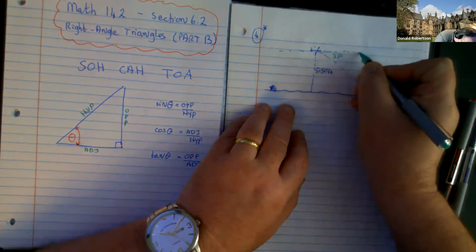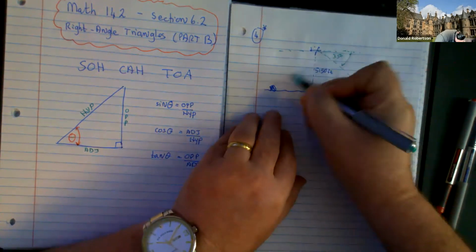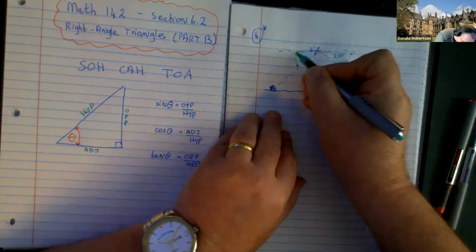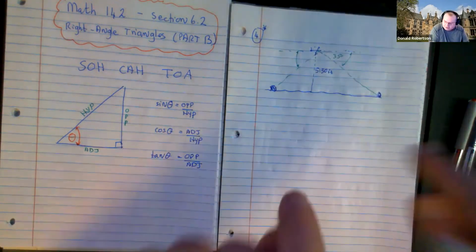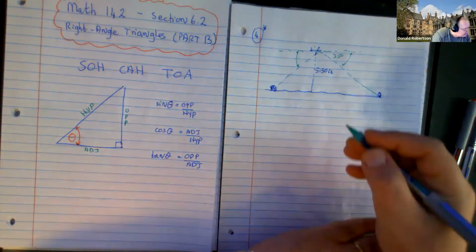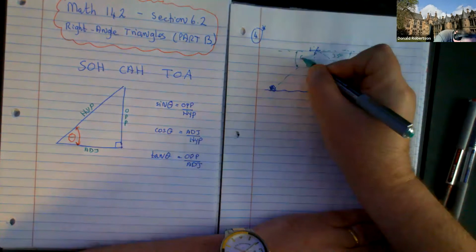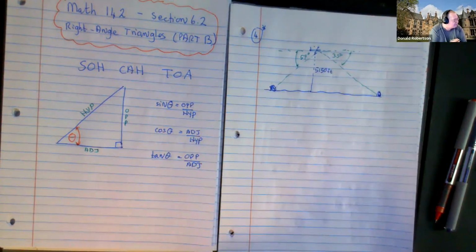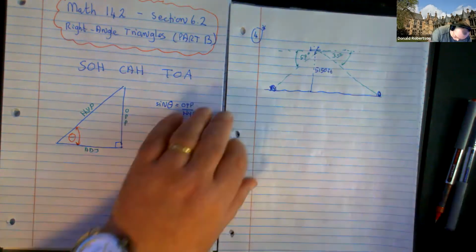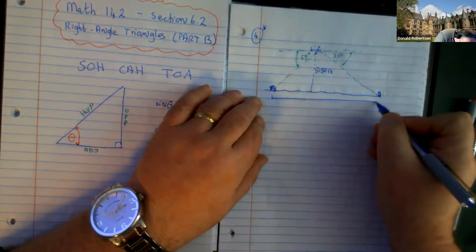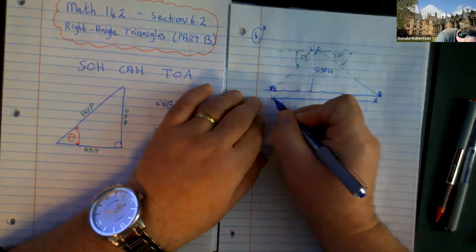And even if it's not to scale, it doesn't matter. And then if you go on this side, the angle of depression, right? You're looking down. So this is the aircraft looking down at the cars, right? Not the cars looking up at the aircraft. And the other one, this angle here, is 57 degrees. So that's that done. How far apart are the cars? So we are trying to find this distance here.